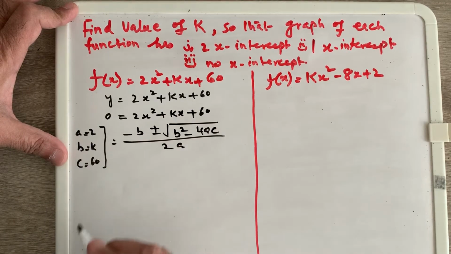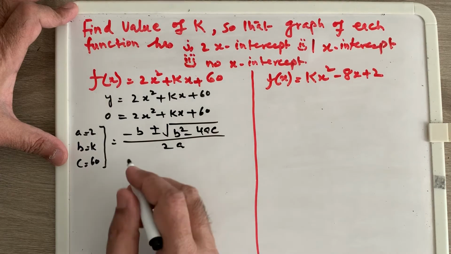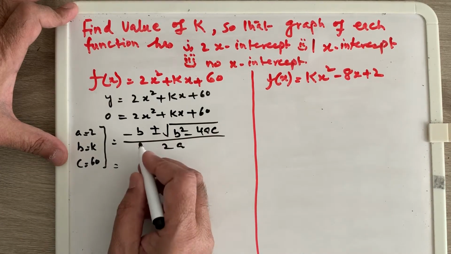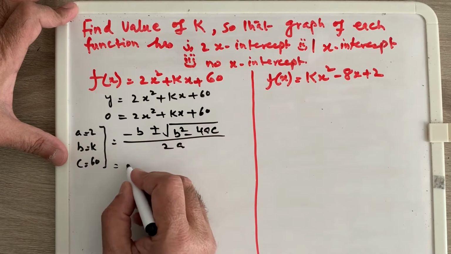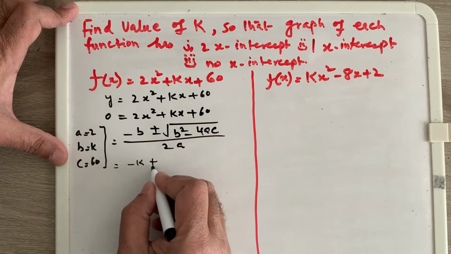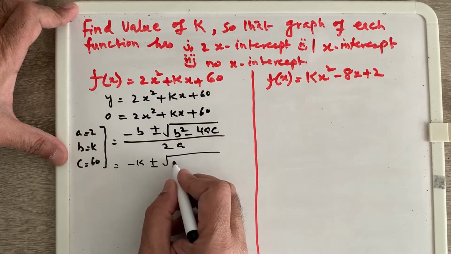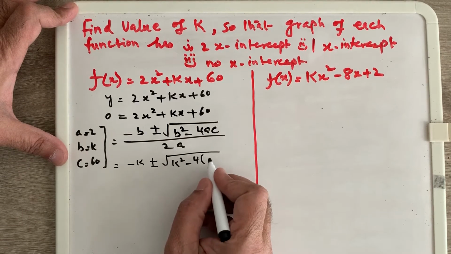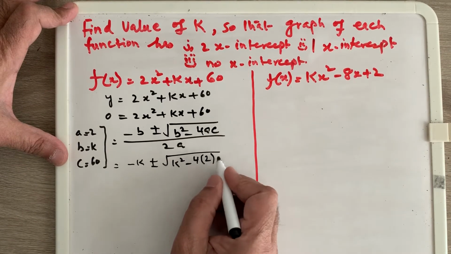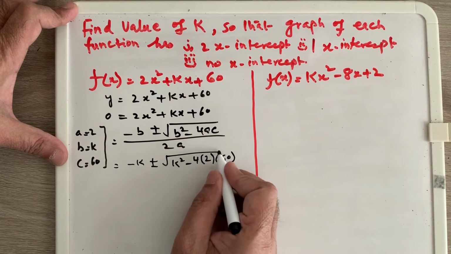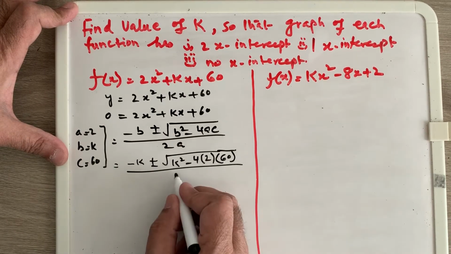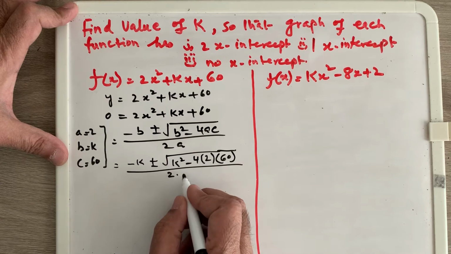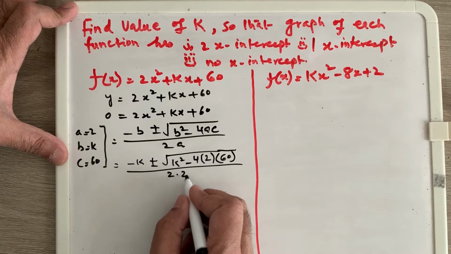So we plug in the values: minus k plus minus under the root k square minus 4 times a is 2, c is 60, divided by 2a, so 2 times 2.